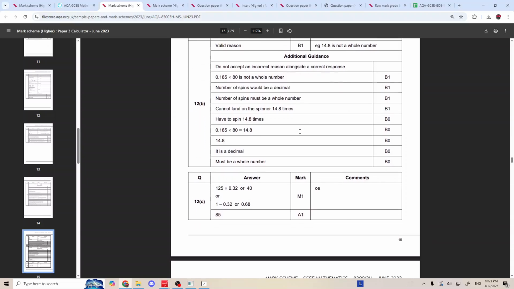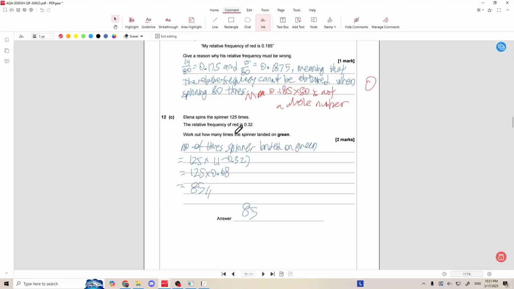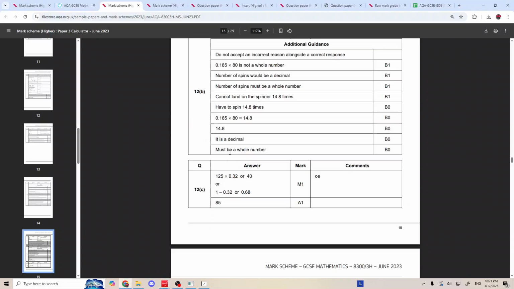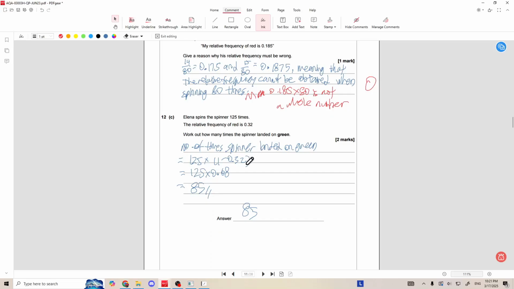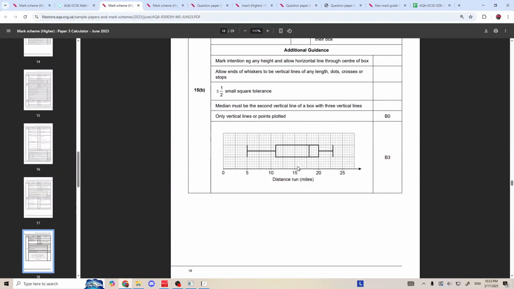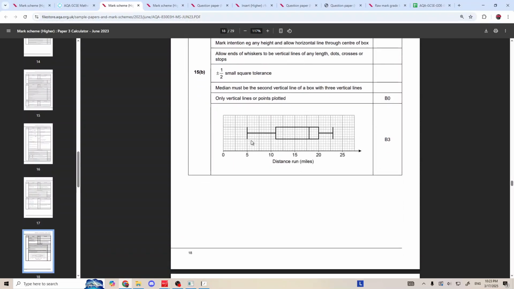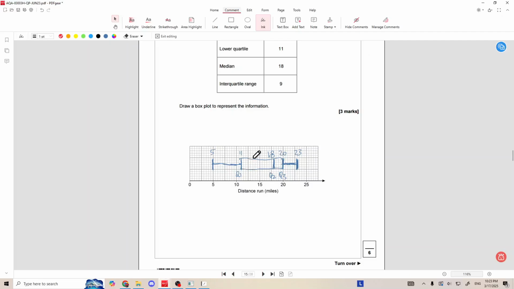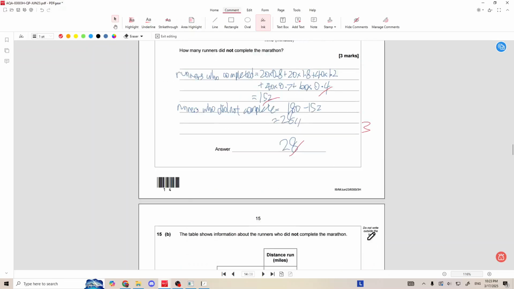Too bad. 125 times. Yeah, okay. 85. 2 marks. Right, this is B3. That's pretty much what I drew, so that's correct. 3, 6 out of 6.